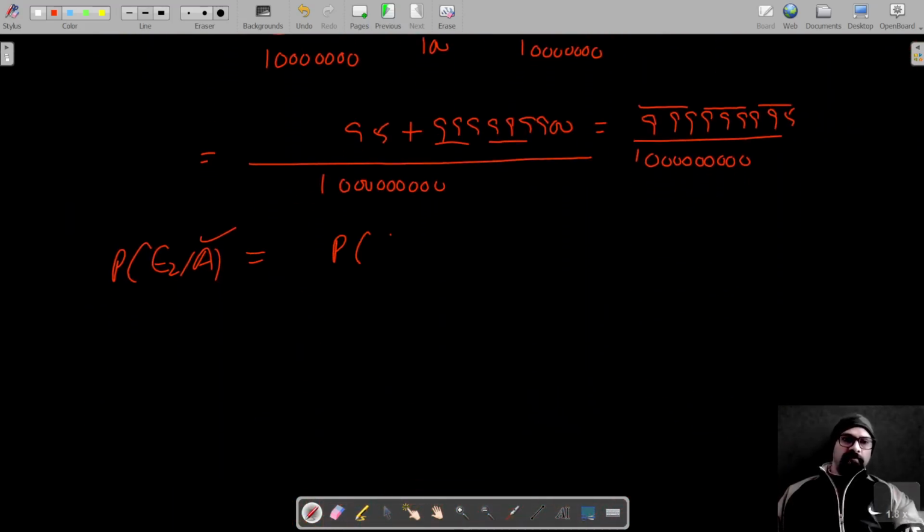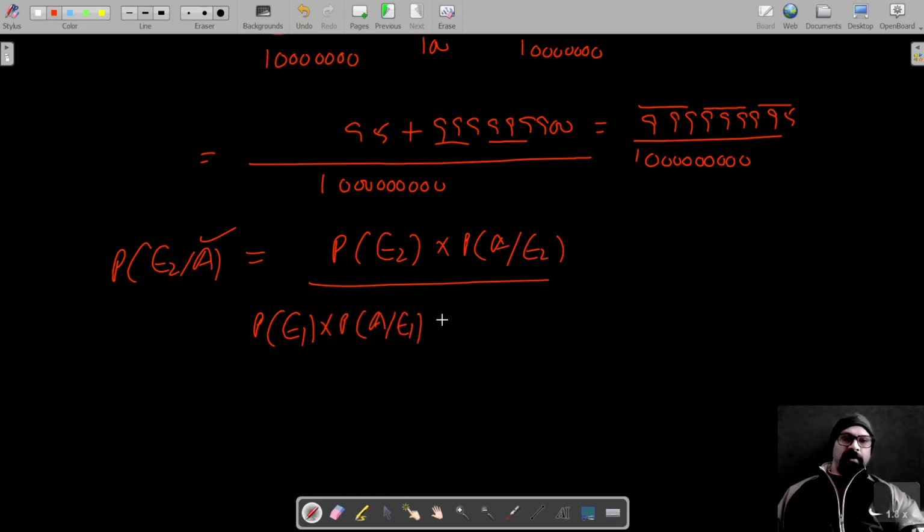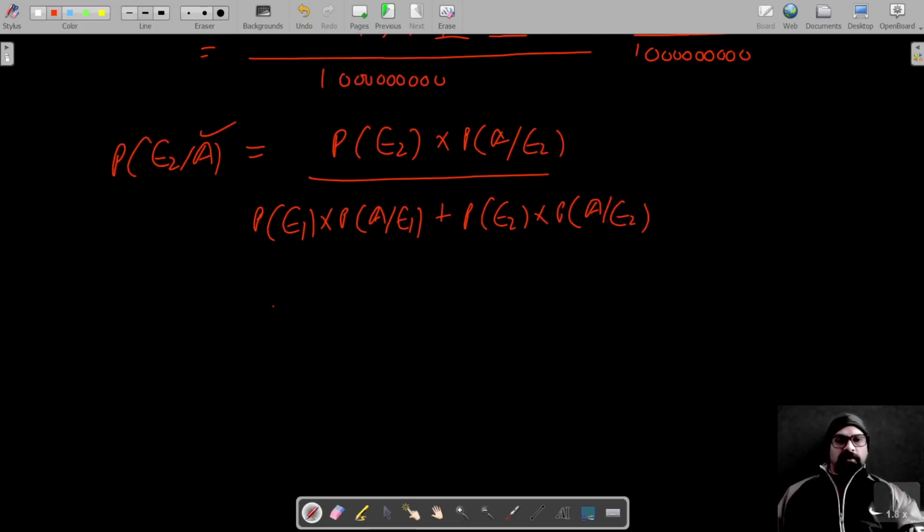So this is the probability of E2 into the probability of A by E2, divided by the probability of E1 into the probability of A by E1 plus the probability of E2 into the probability of A by E2. This should be our required probability.